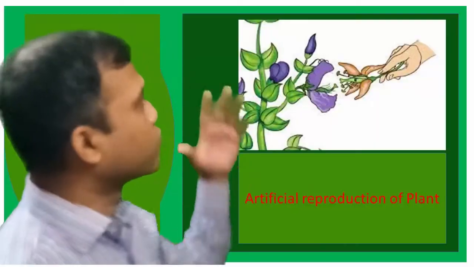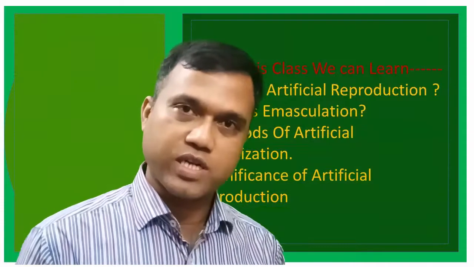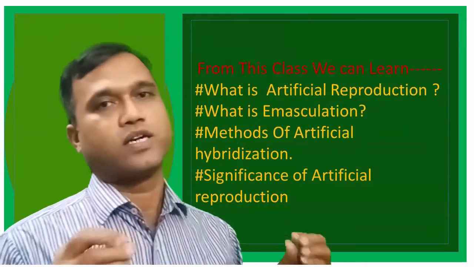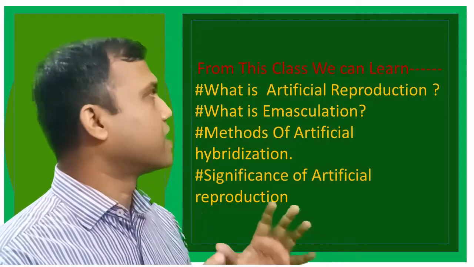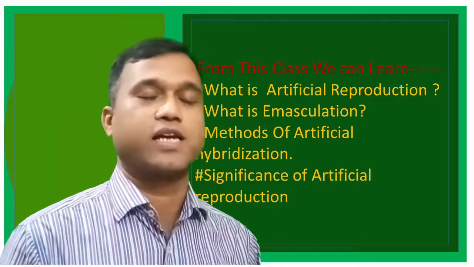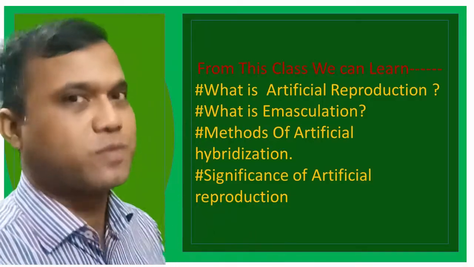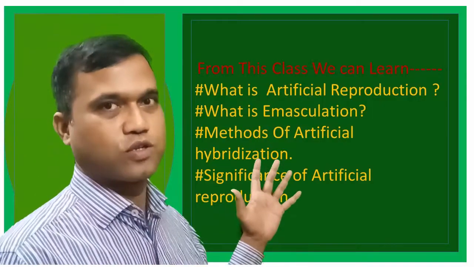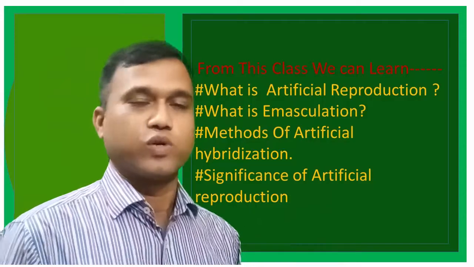From this class, we can learn what artificial reproduction is, what emasculation is, the process of artificial hybridization, and at last the significance of artificial reproduction. So let's start our class.